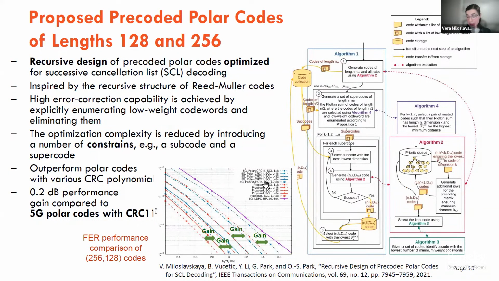Okay, then if we increase the code length, we need to impose additional constraints on the code structure to be able to find a near optimal solution. So we basically sandwich our code: we specify that our code should be a subcode of a preselected one, and also a supercode of another preselected code.